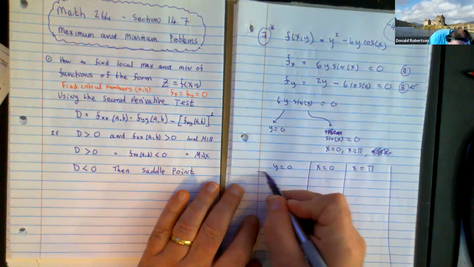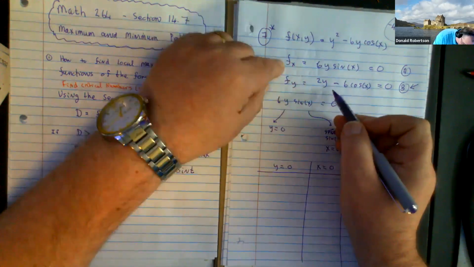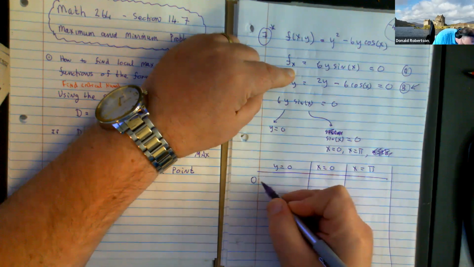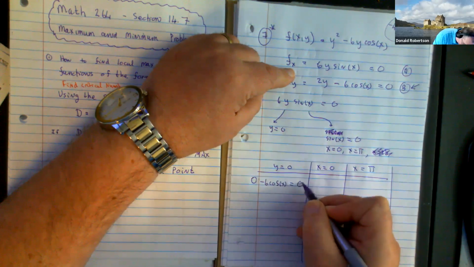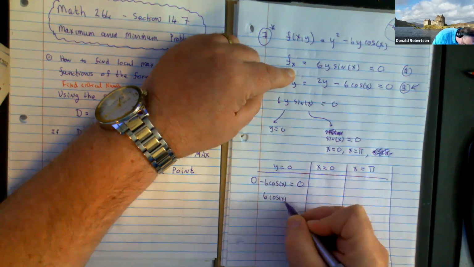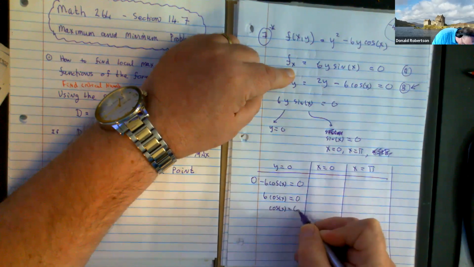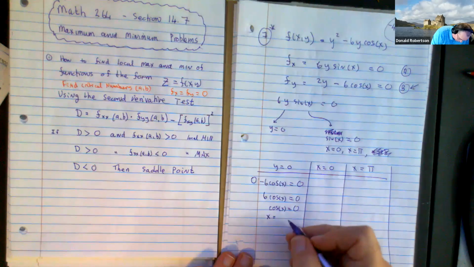So if y is 0, what do we get here? We get 2 lots of nothing, which is nothing. Take away 6 times cosine of x equals 0. That means that 6 cosine of x is 0, which means cosine of x is equal to 0. And x is what? Cosine is going to happen at pi upon 2.